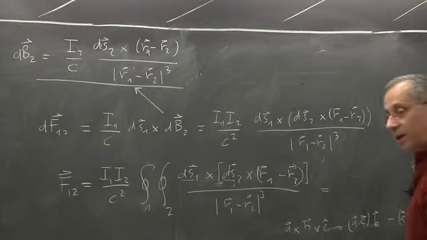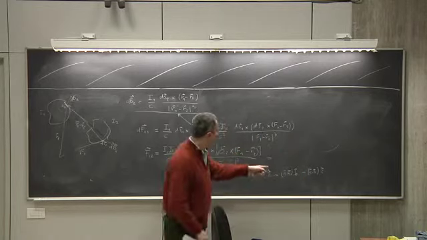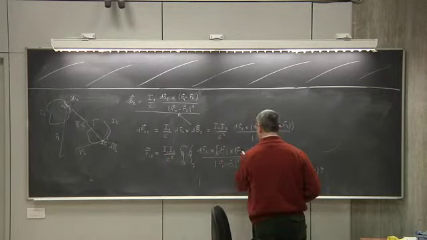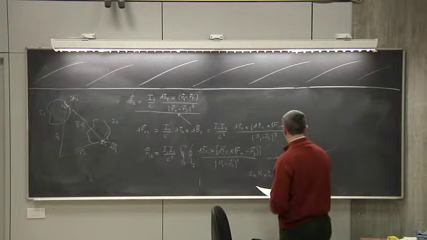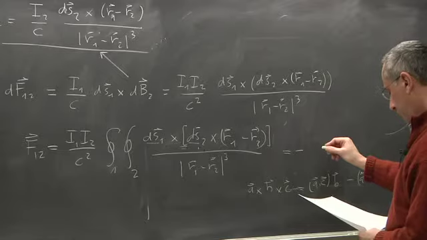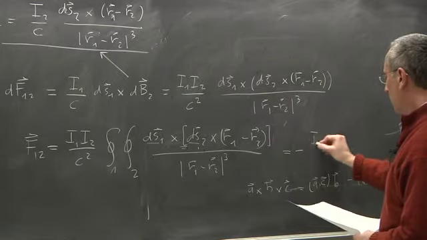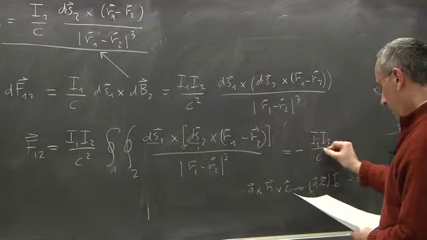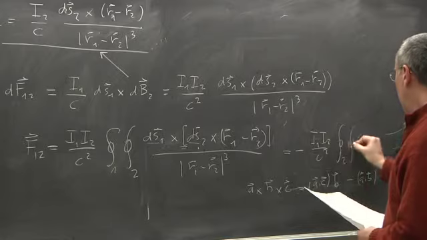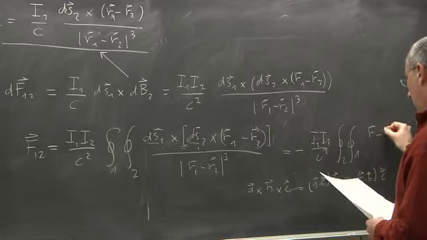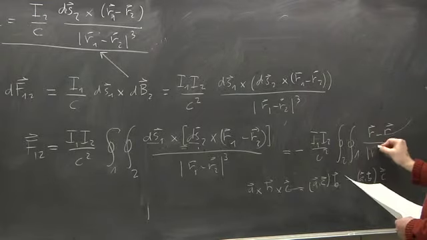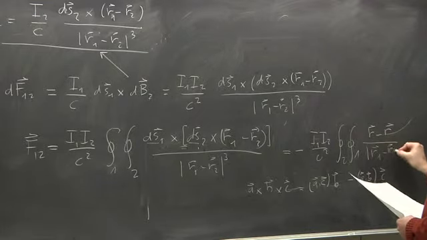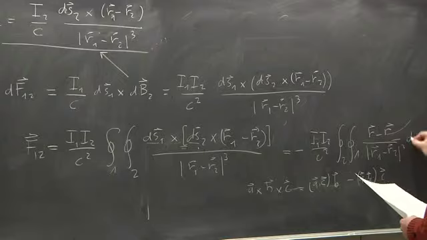So if I take this double product, I get minus I1 I2 divided by c squared, this double integral, and then just this factor here, ds1 dot ds2.